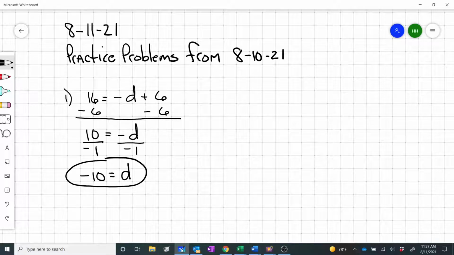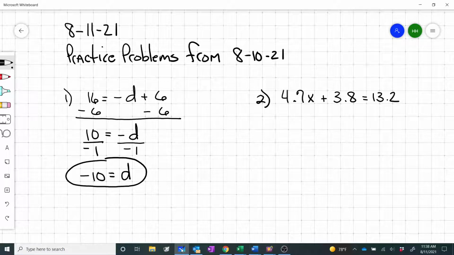Number 2, 4.7x plus 3.8 equal to 13.2. So right here you're going to subtract this 3.8 from each side. And this 4.7x just falls down.